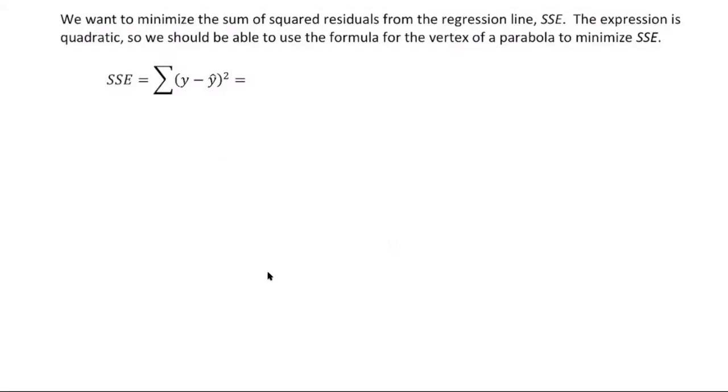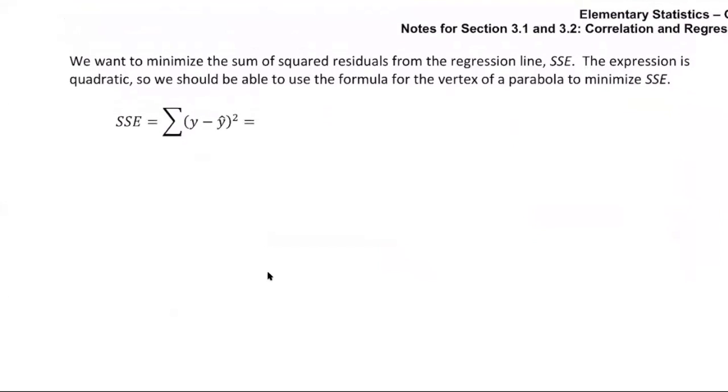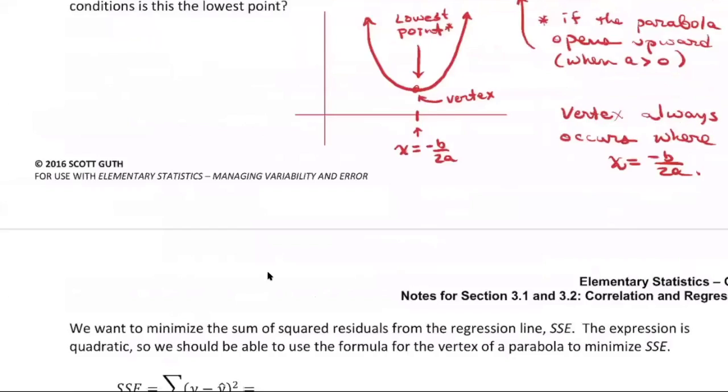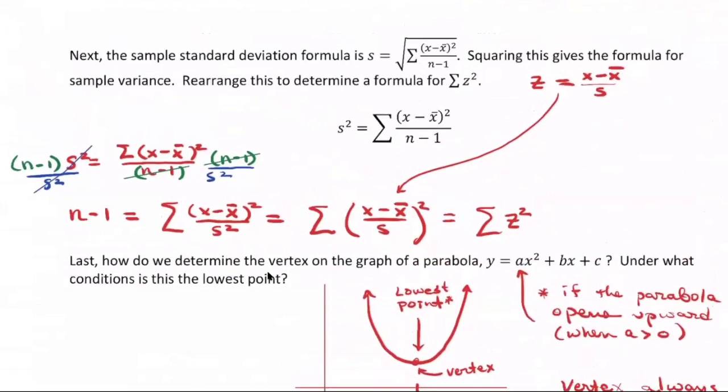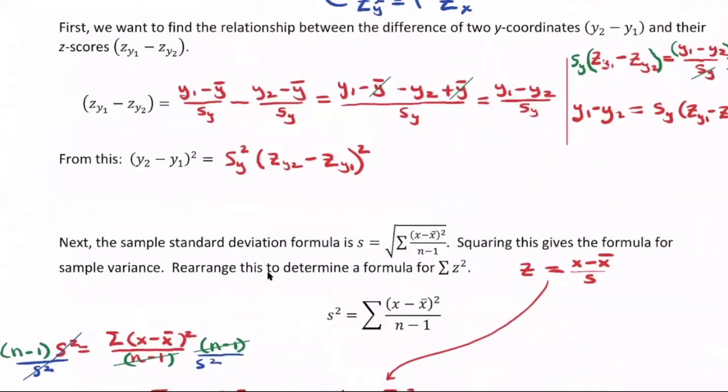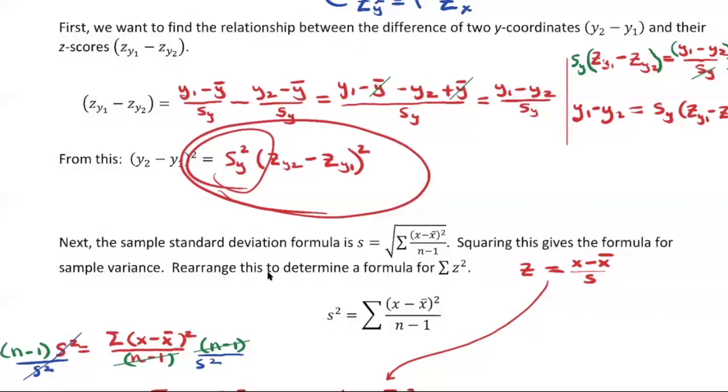Okay, so first thing we see is the difference between y and y hat. So that's the difference between two y coordinates, and we have a rule right here that says, well, you can just take the z-scores of those differences and subtract and square and then multiply by the square of the standard deviation.